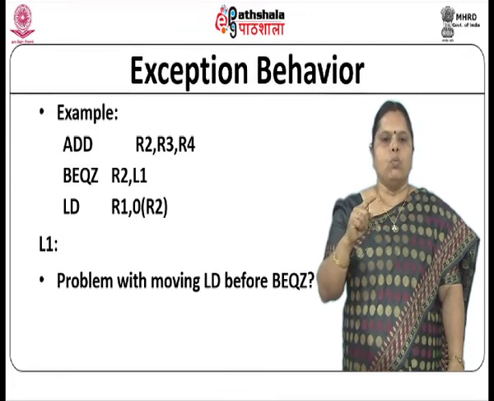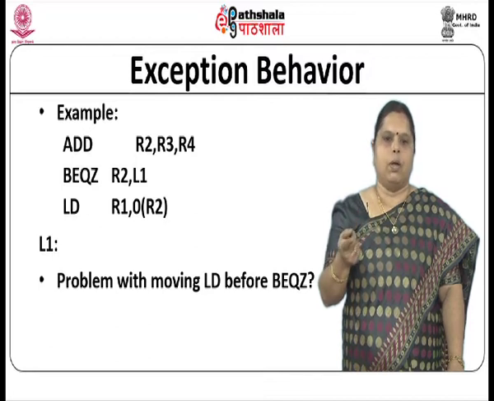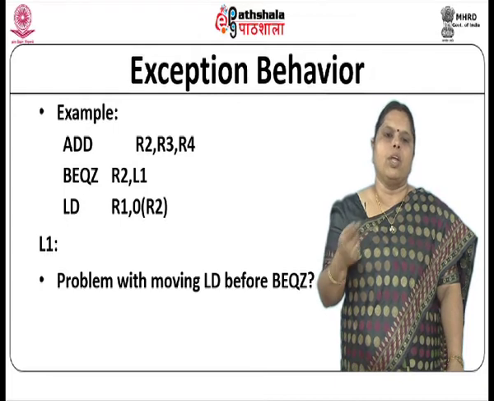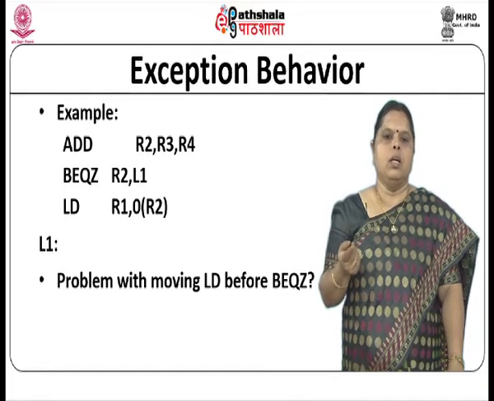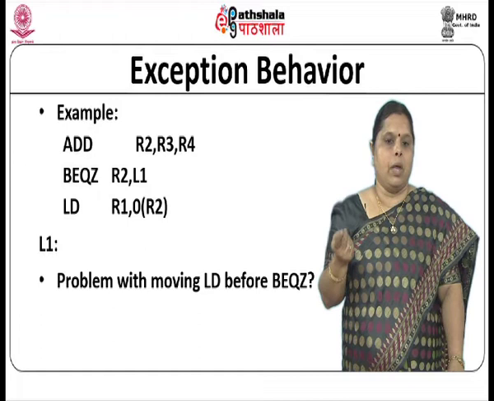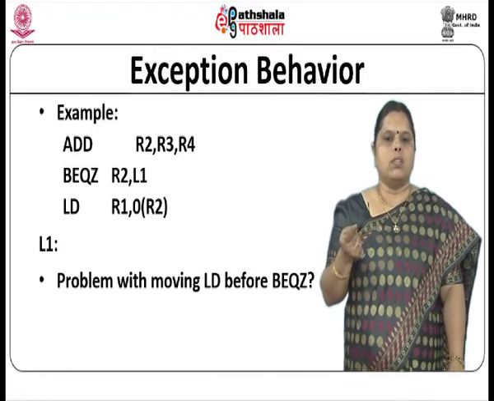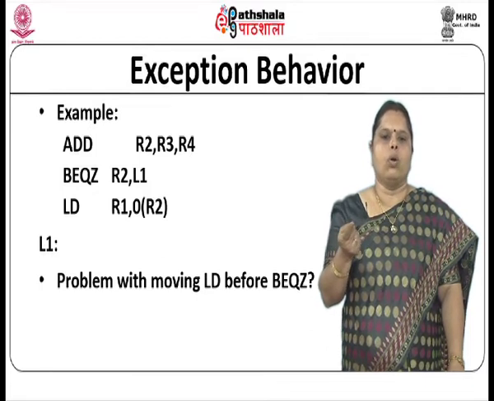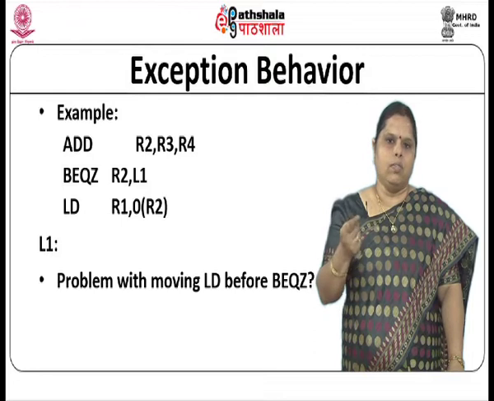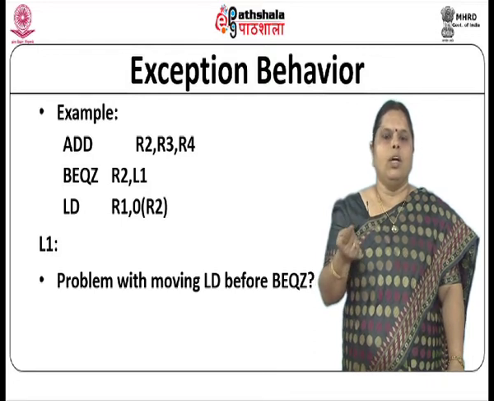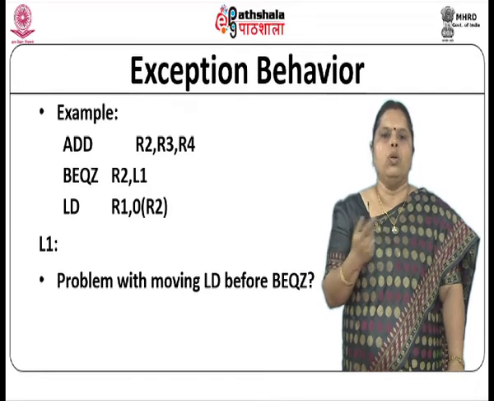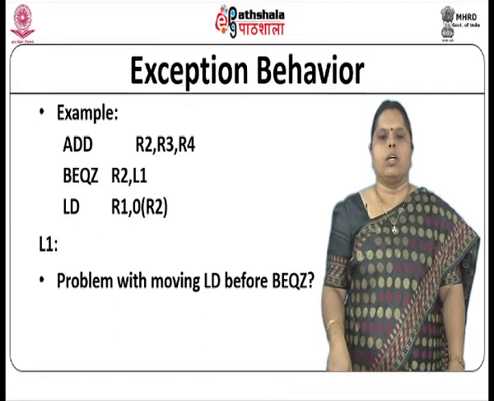If you try to move the load instruction ahead of the branch without giving importance to that branch, and reorder it for some reason, the load instruction may get executed, and it will cause a problem if register R2 has a value of 0. The load is going to happen from 0(R2), and if R2 contains 0, it will attempt to load data from memory address 0, which will give rise to a memory protection violation.